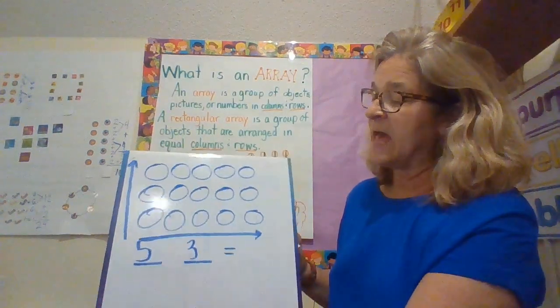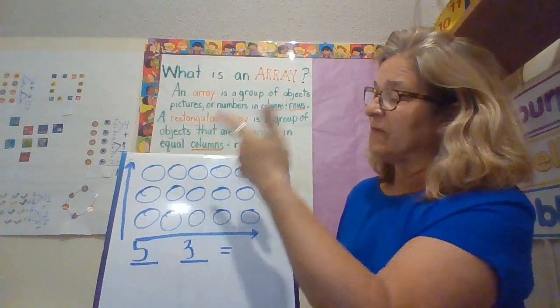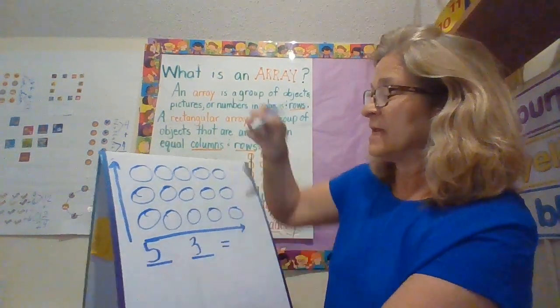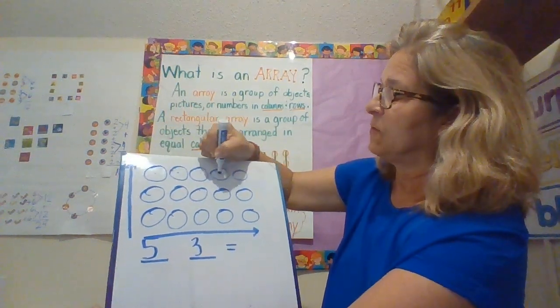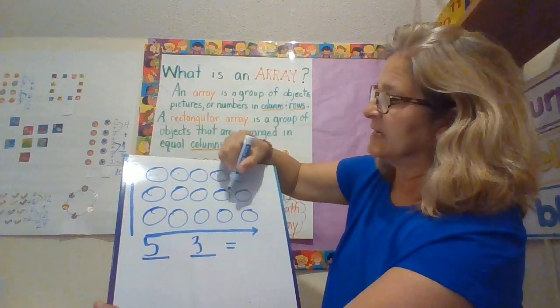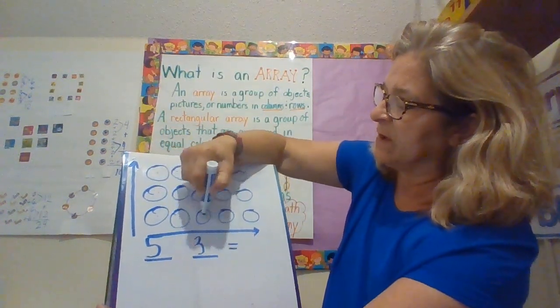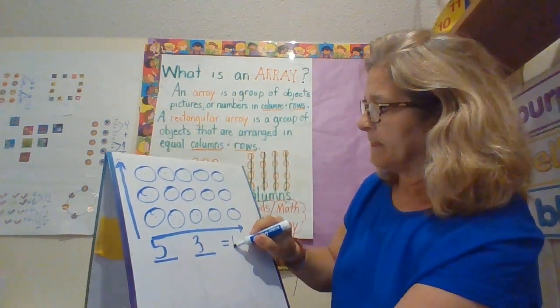So if we have 5 columns and 3 rows, that means, let's see how many we have together. 1, 2, 3, 4, 5, 6, 7, 8, 9, 10, 11, 12, 13, 14, 15.